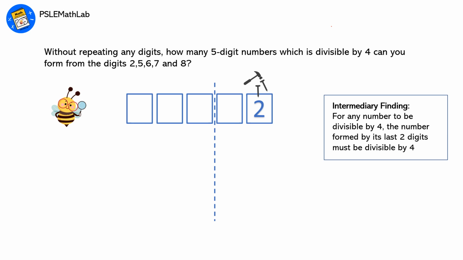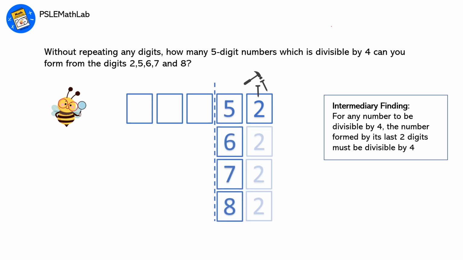So for the 10th position, we have the remaining 4 digits as 4 different possibilities. And let's evaluate these 4 possibilities one by one. 52 is divisible by 4. 62 is not. 72 is divisible by 4. And 82 is not. And for the remaining digits in front, we can actually freely fill up the boxes without worrying too much.